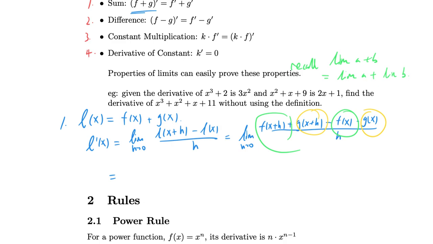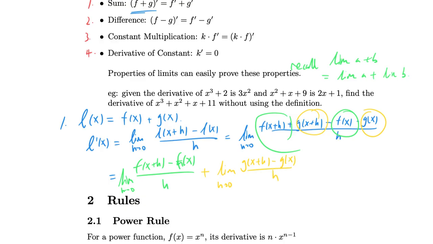So we have f of x plus h minus f of x, you take the limit as h approaches 0 for this one, over h, and then you add, let me use a different color, plus the limit as h approaches 0 of g of x plus h minus g of x over h.